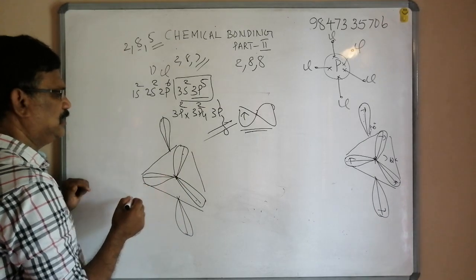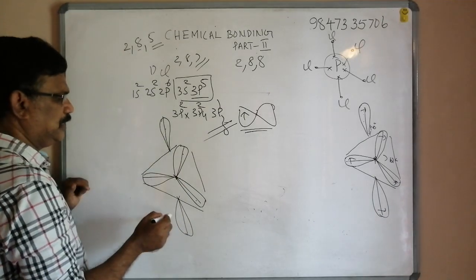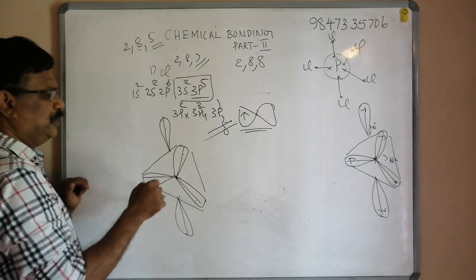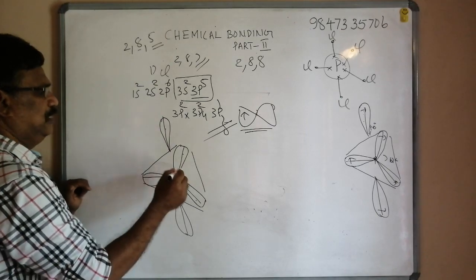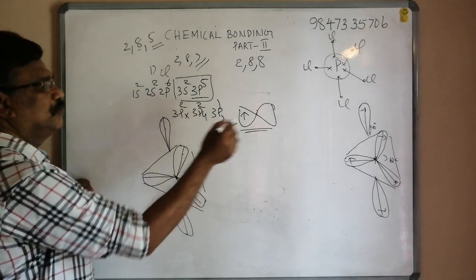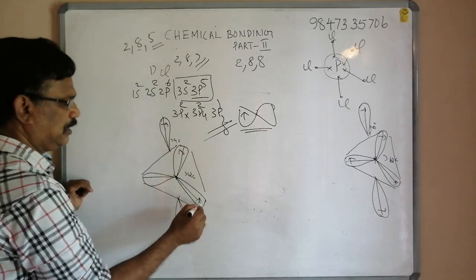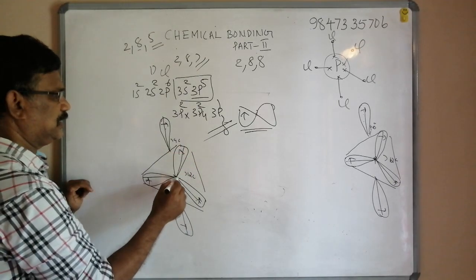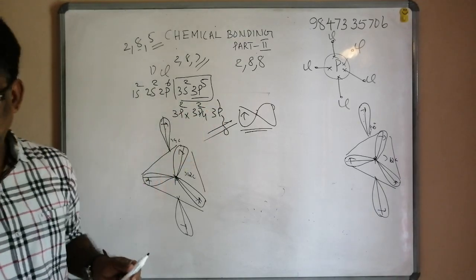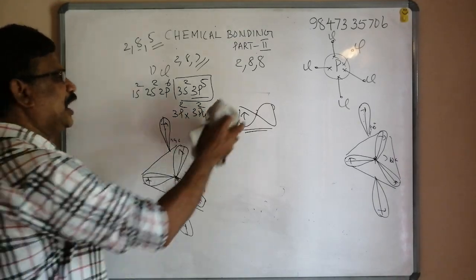These 3 orbitals are in the same plane, and these 2 orbitals are above and below the plane of these 3 orbitals. Bond angle 120 degree, bond angle 90 degree, each carrying 1 electron, hybridization sp3d of phosphorus. Chlorine with 3pz, 5 chlorine will overlap.